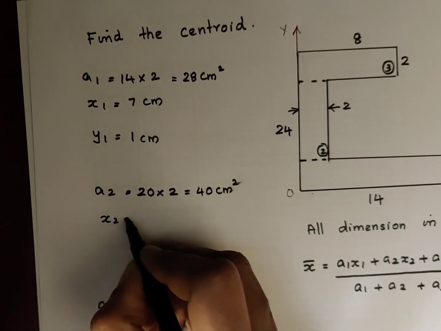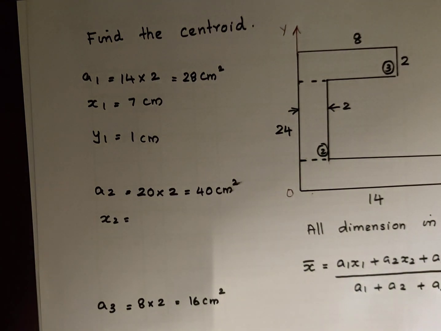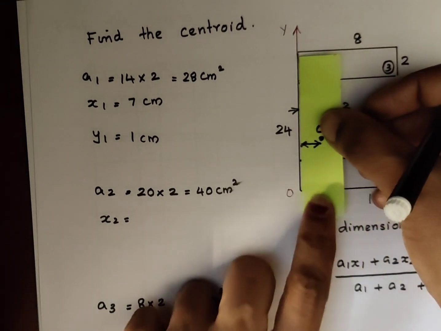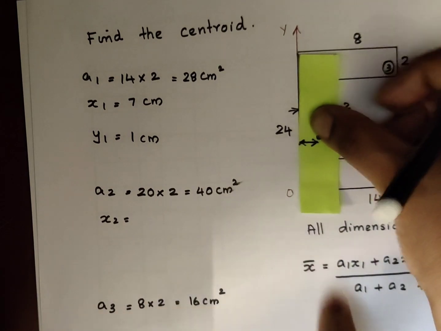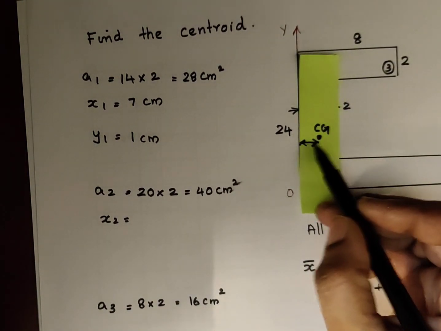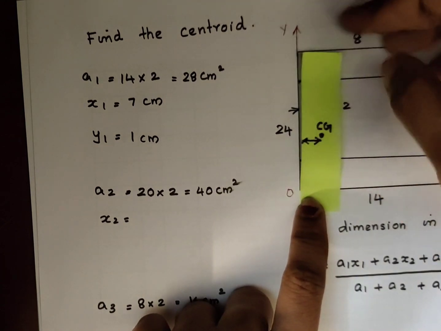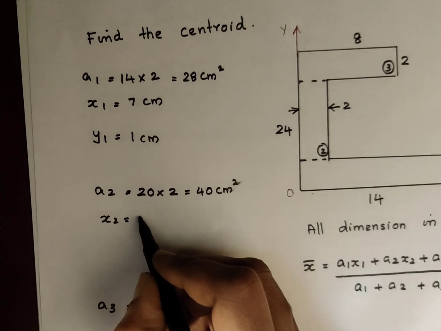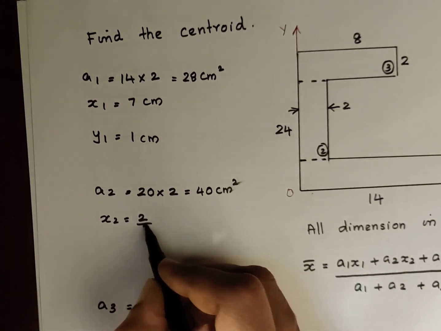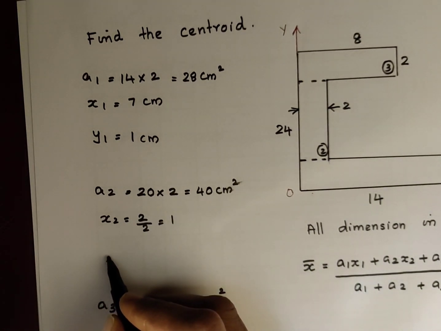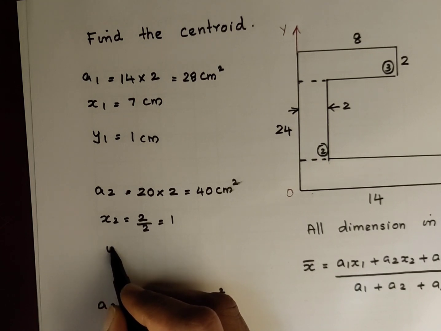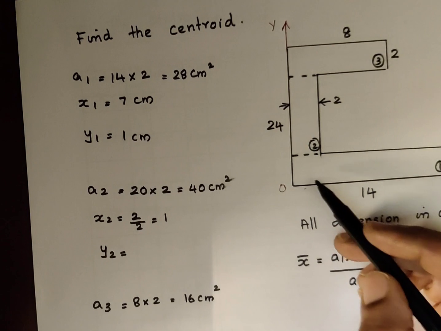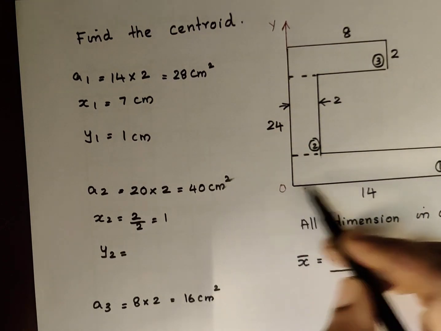Similarly x2, so here you have to place the rectangle like this, and this distance is equal to, total width is 2, that by 2. So 2 by 2, that is 1. Then y2 is the centroid of the second rectangle from this reference axis OX.